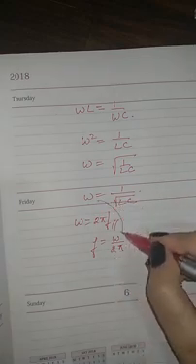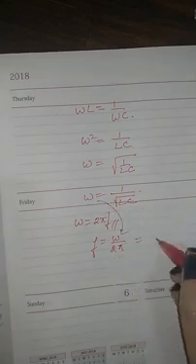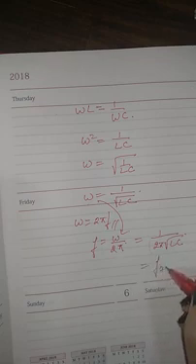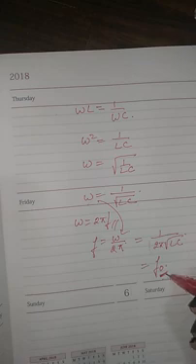Now if you put the value of omega over here, we get 1 by 2 pi under root LC. This is also equal to F naught. This F naught is known as the natural frequency of the circuit when the resistance is 0 or very, very small. Please note it down.